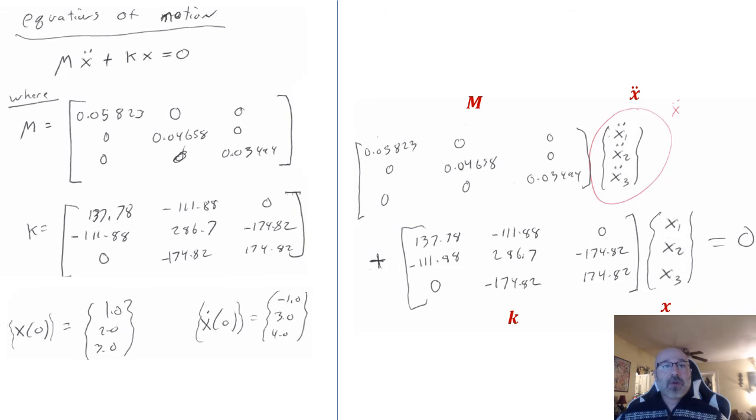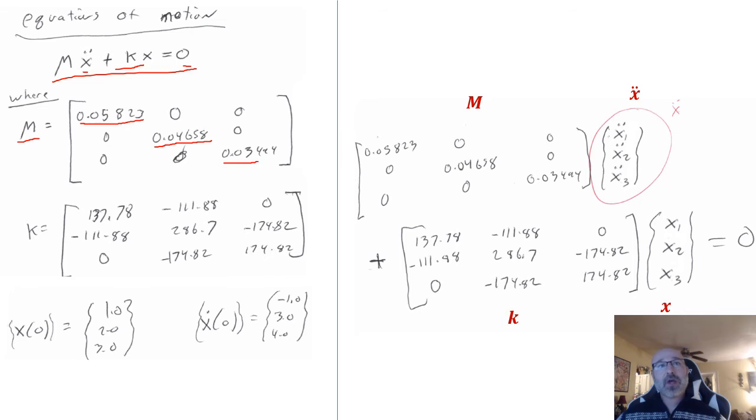The next step is to talk about our equation of motion. Our general formula for the equation of motion is m x double dot plus k x is equal to 0. Our mass matrix has 0.05823, 0.04658 for our M2, and 0.03494 for our M3.